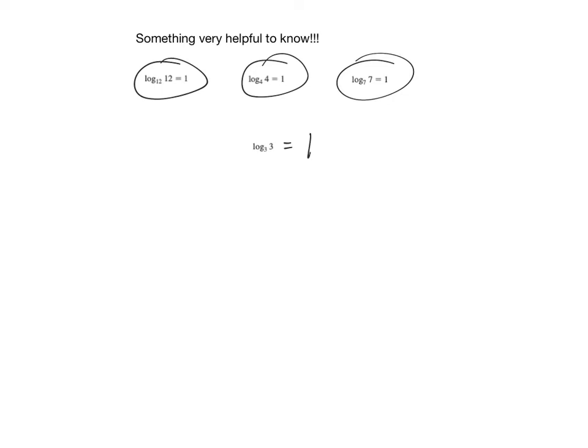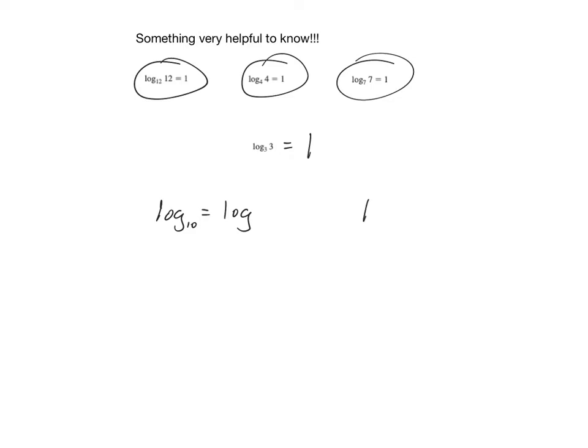A couple special ones to remember, though: we have two shorthands in logarithmic world. Log base 10 means the same thing as log with nothing written at all. Because log base 10 is so popular, they just drop the 10 off. Anytime you don't see it, you just assume there's a 10.